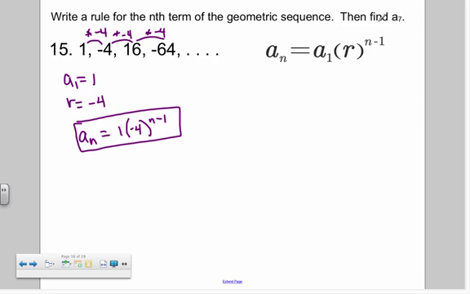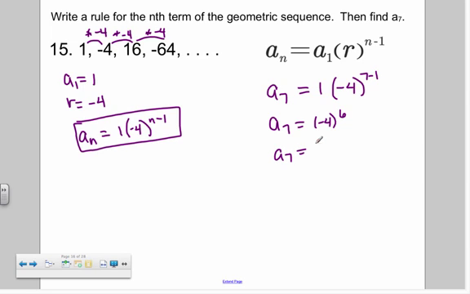The second part of my answer is finding a sub 7, or specifically the 7th term in the sequence. So I plug in the first term, 1, the ratio, negative 4, and the number that I'm looking for, the 7th term, so 7 minus 1. So a sub 7, 1 times anything is that thing, so I don't really have to rewrite the 1, but I'm going to take negative 4 to the 6th power.